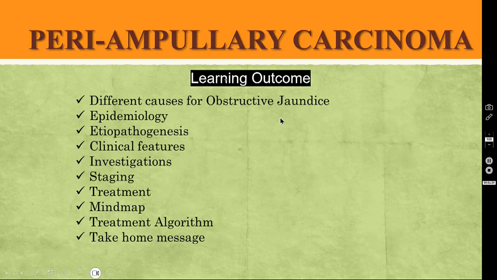So, what is the learning outcome, or what are you going to gain after watching this video? You will be able to understand the different causes of obstructive jaundice, the epidemiology, etiopathogenesis, clinical features, investigations, staging, and treatment of peri-ampullary carcinoma.